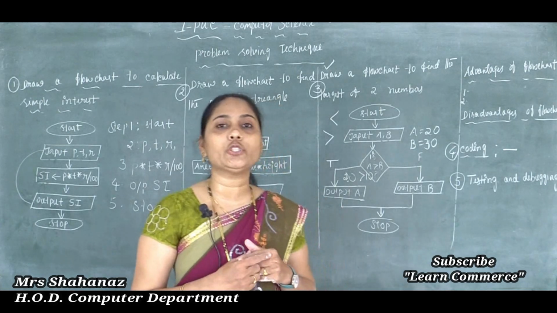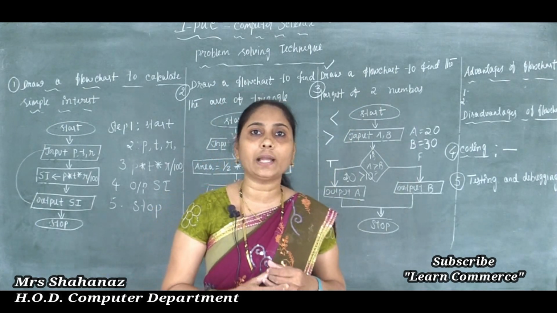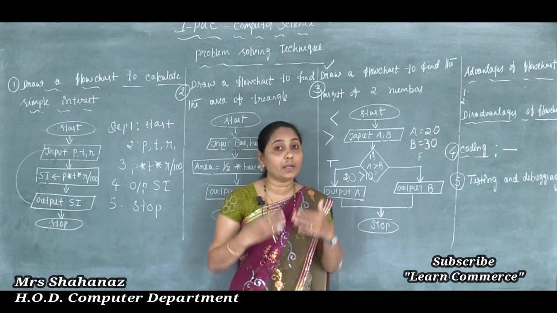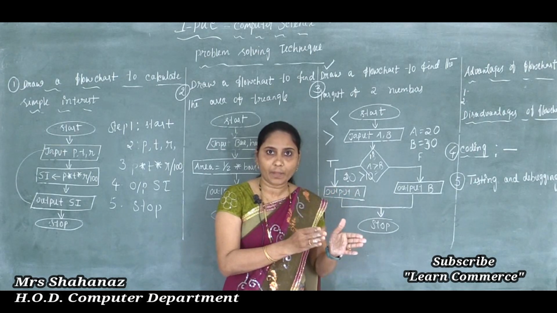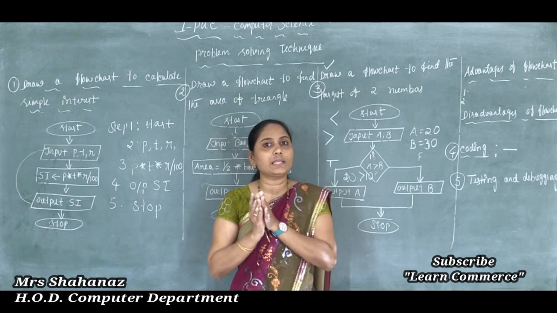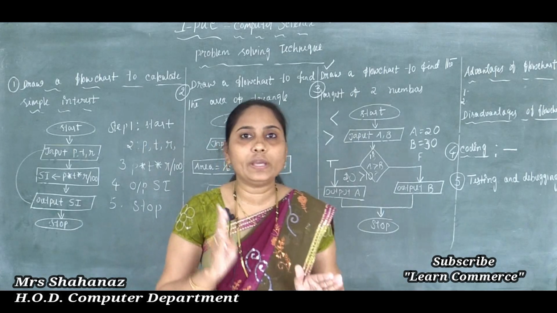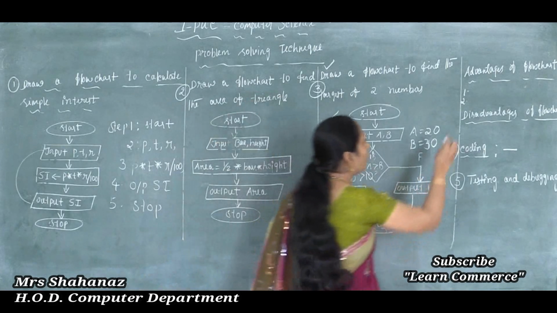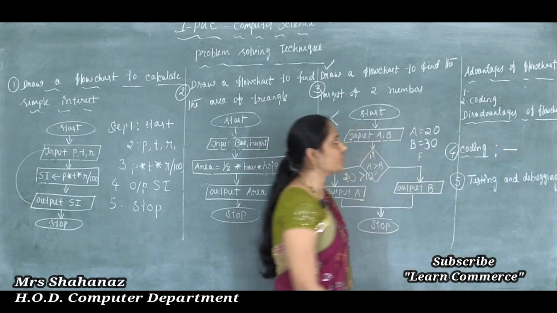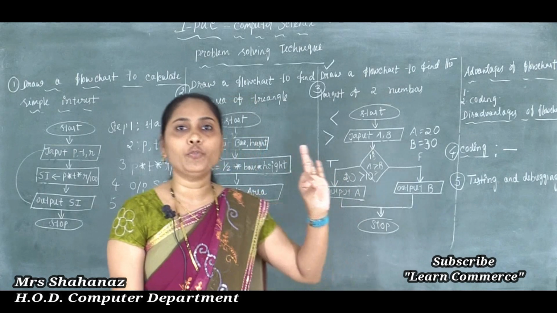Here also I am going to use the same for our flow chart. So we can very easily develop the algorithm, then convert it to the flow chart, and later, in a very understandable way, convert it into the programming language, which is called coding. Clear this point? So this is the second advantage of the flowchart.